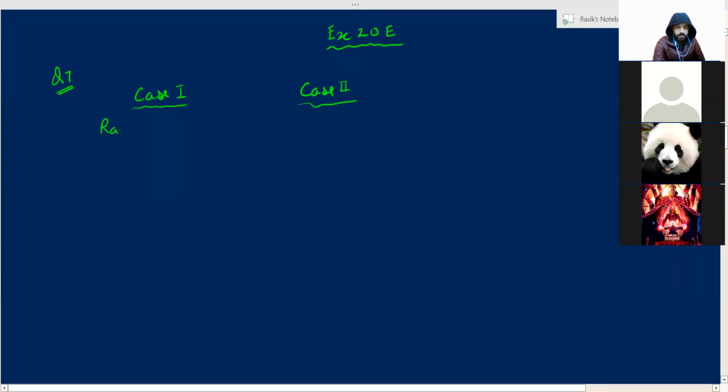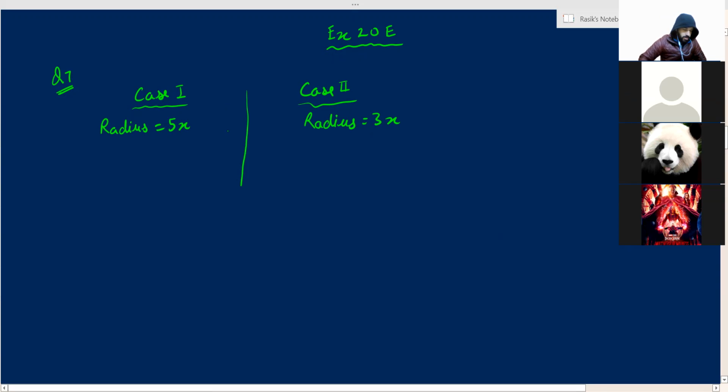Let the radius of the first circle be 5x. Why 5x? Because the ratio is given 5:3, and the radius of the second circle we will take as 3x. Okay, all of you, any doubt? No, sir.